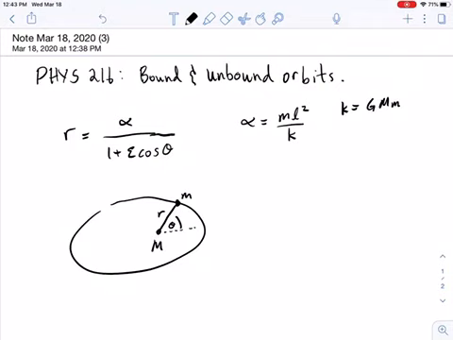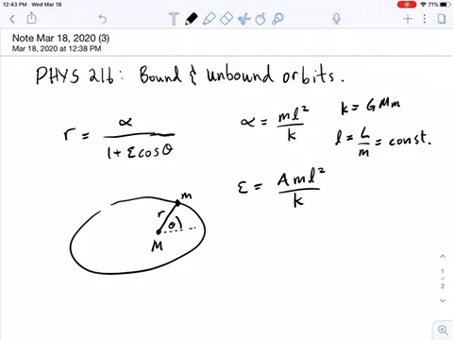And L was the angular momentum divided by the planet's mass, and that's some constant. We also worked out an expression for the eccentricity, and it looked like this. It was a ml squared over k.